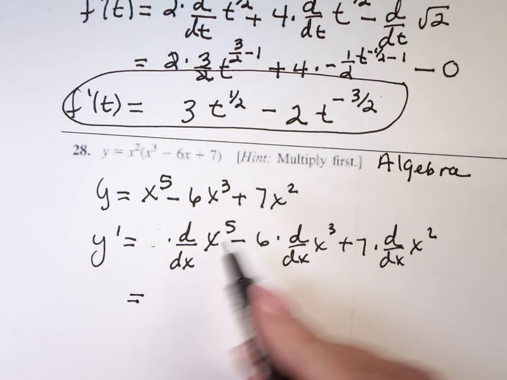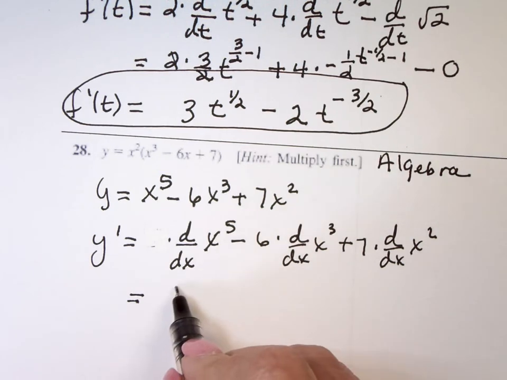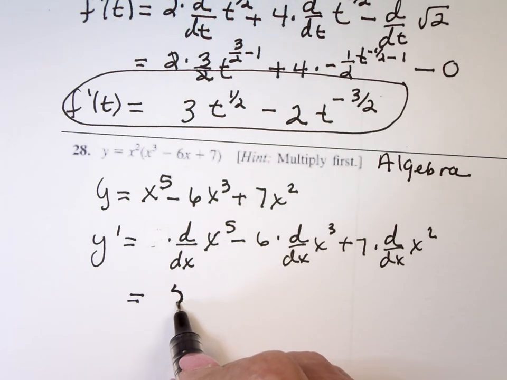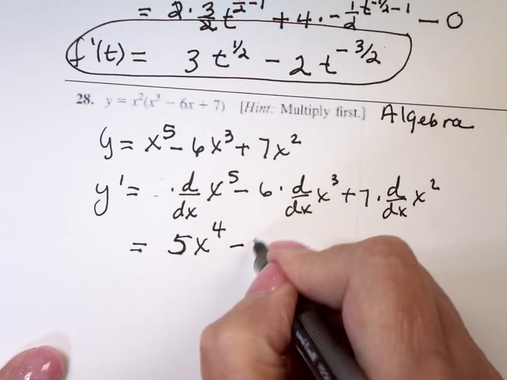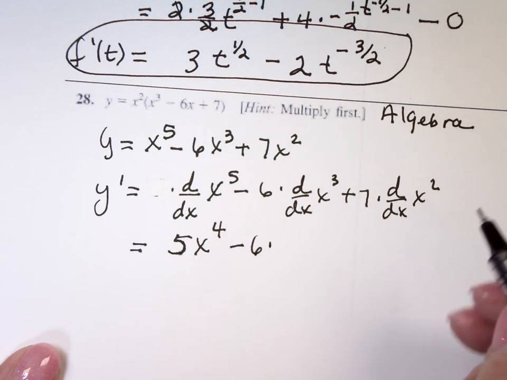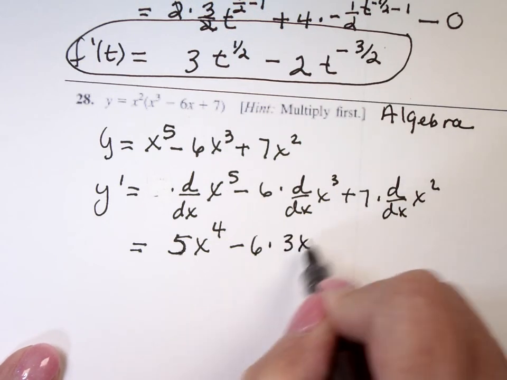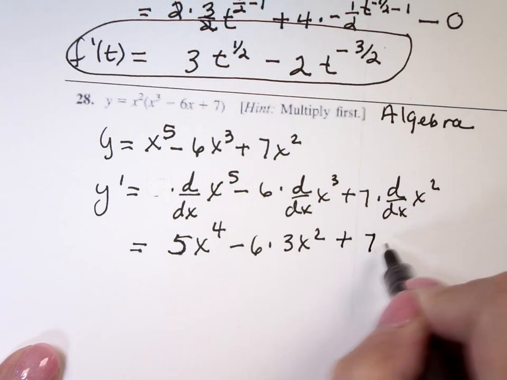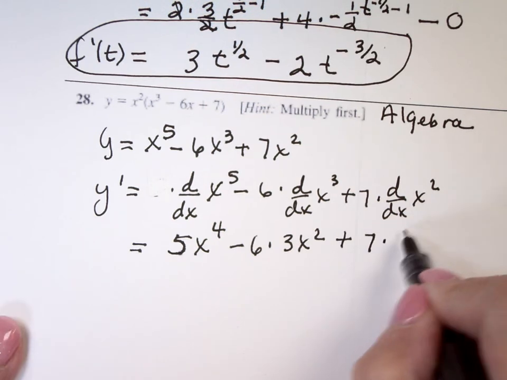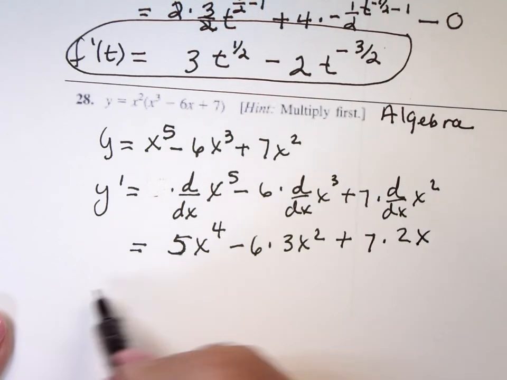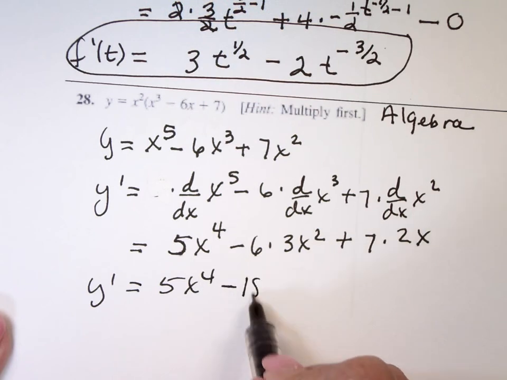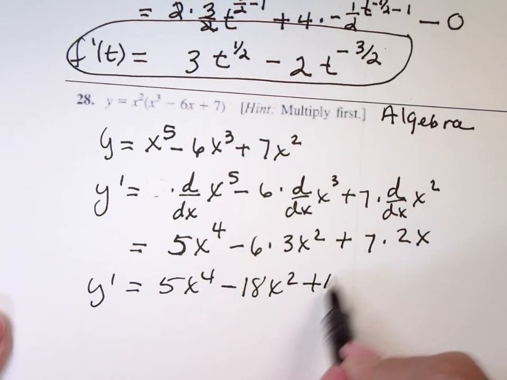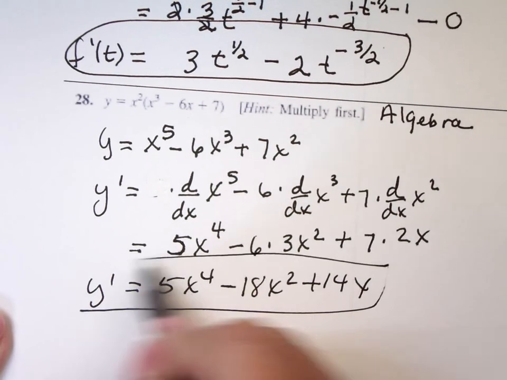The derivative of x to the fifth is 5x to the fourth, minus 6 times the derivative of x cubed, which is 3x squared, plus 7 times the derivative of x squared, which is 2x. So that y prime is 5x to the fourth minus 18x squared plus 14x.